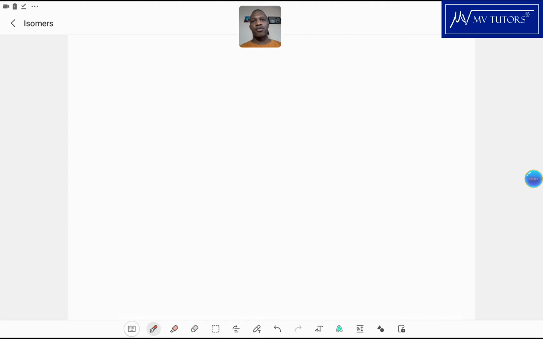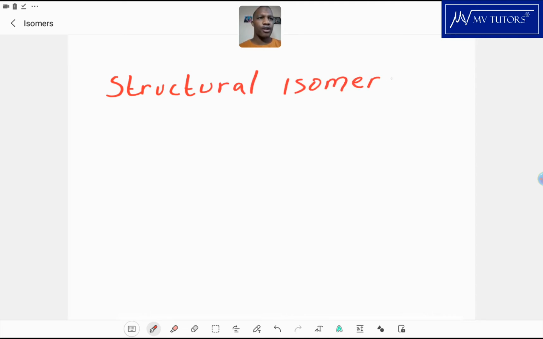Okay, so let's start with a bit of theory. What are structural isomers? Structural isomers are compounds.